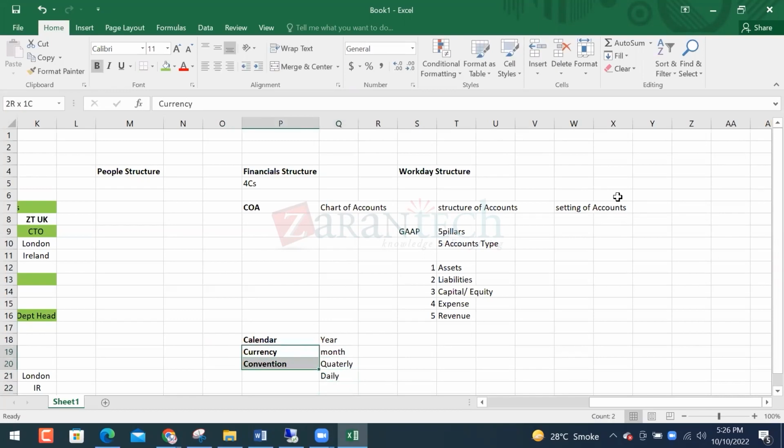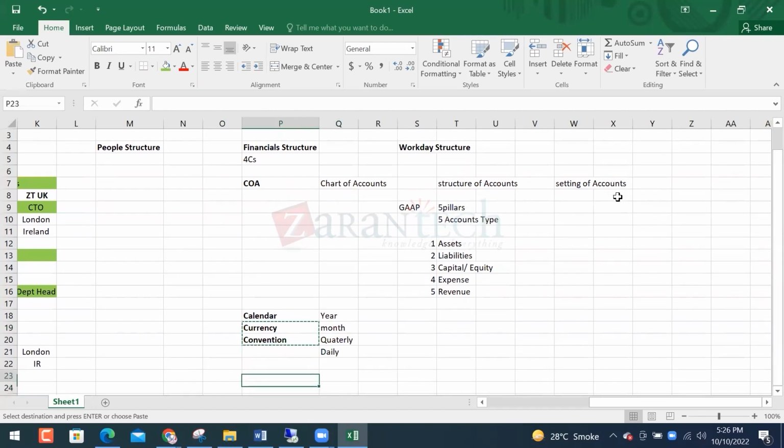Most companies or the corporate sector utilize the monthly calendar, whereas quarterly, yearly, and daily bases depend on the nature of the business.